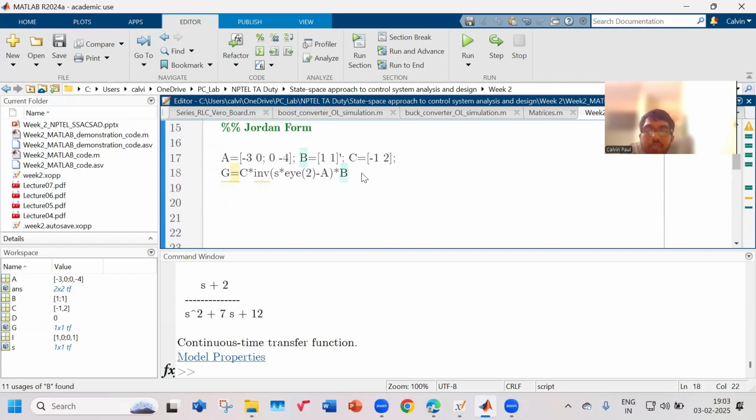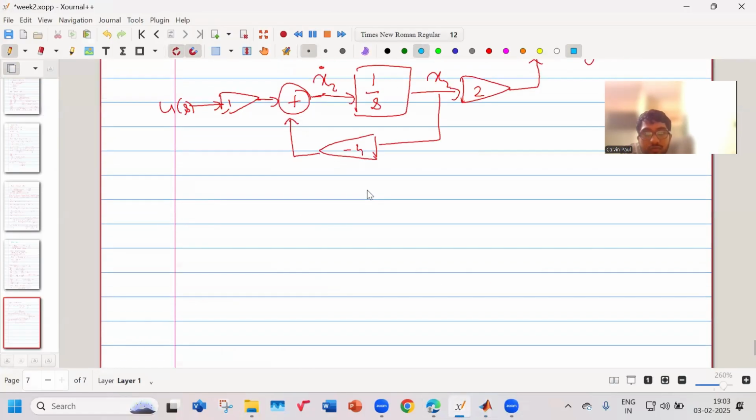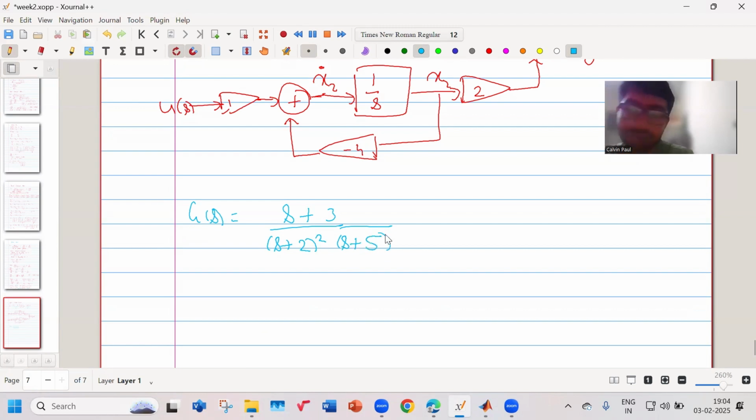Now let's consider a case when there are repeated poles. We consider the case s plus 3 into s plus 2 whole square into s plus 5.